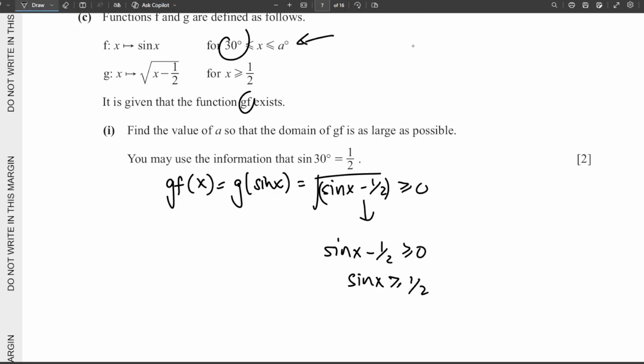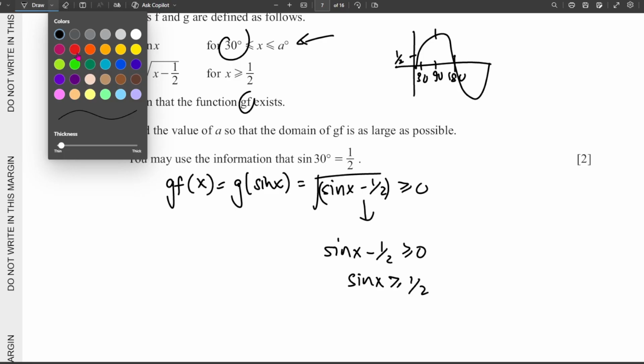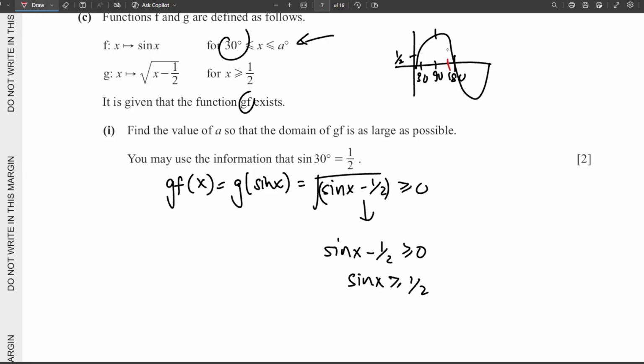If you sketch out the sine graph, it looks like this. Sine 30 is here, giving you half, then 90 is at 1, and 180 is at 0 again. And the sine graph is symmetrical, meaning from 180 to where it gets to 1 over 2 again, you just have to subtract 30 degrees.